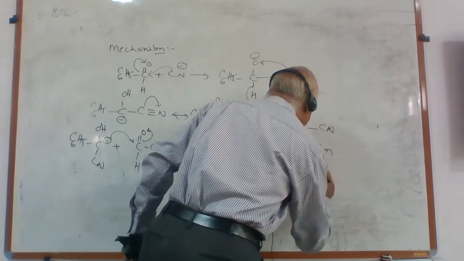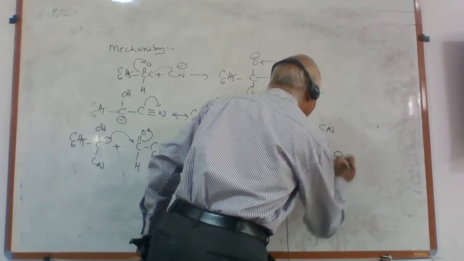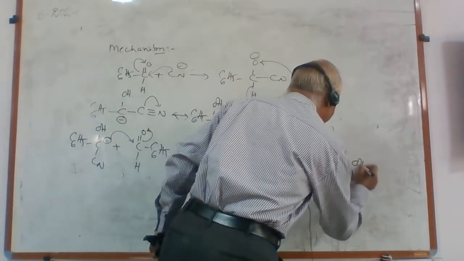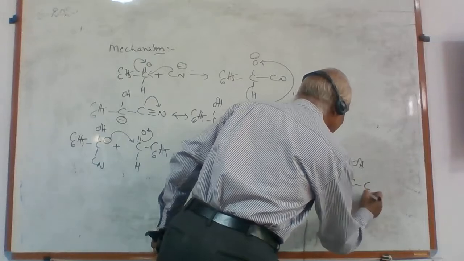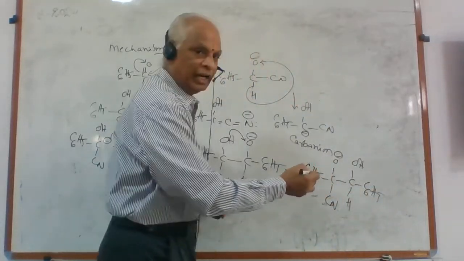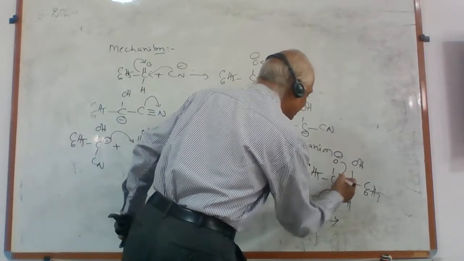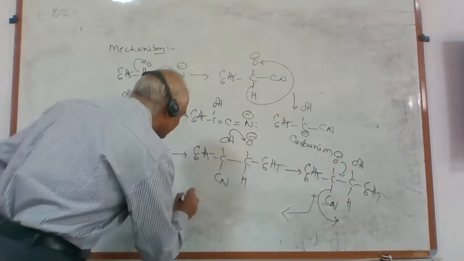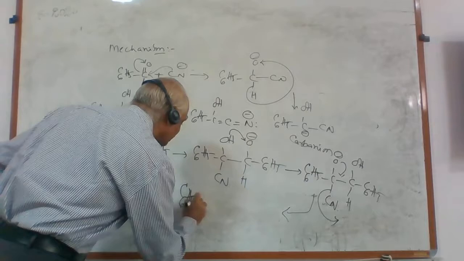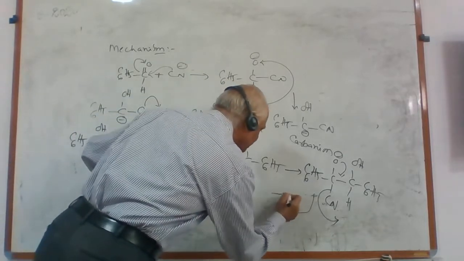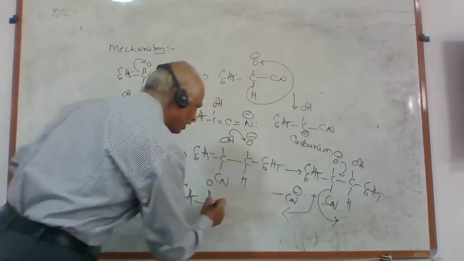Next step is C6H5 C O minus, CN, C OH, hydrogen, C6H5. Now I remove this CN group as cyanide ion, so that a double bond is formed between carbon and oxygen, forming C6H5 C double bond O.